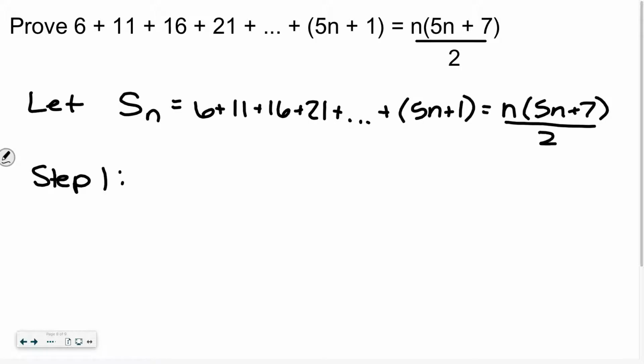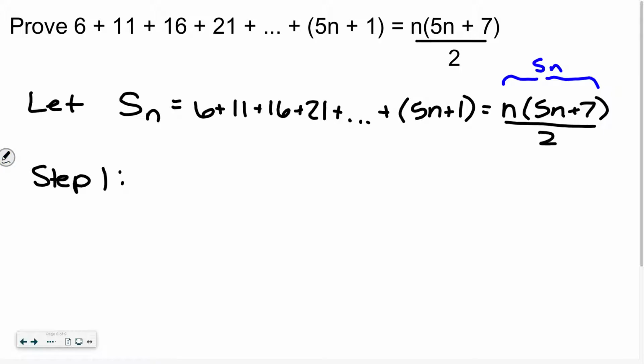Step 1. What is your job in step 1? Verify for n equals 1. Looking at this whole statement up above, we're trying to verify this formula at the end, right? S sub n is the sum of all these terms, 6 plus 11 plus 16, and so on.